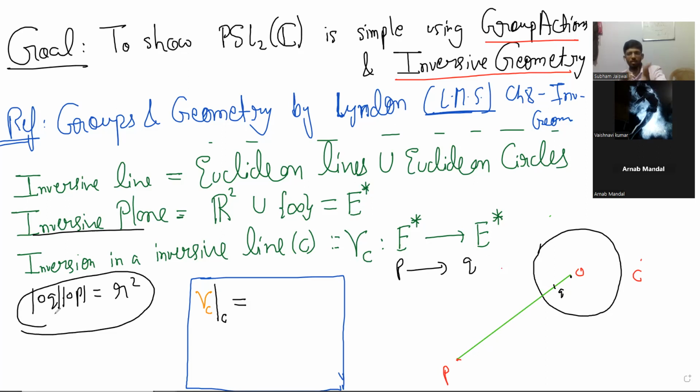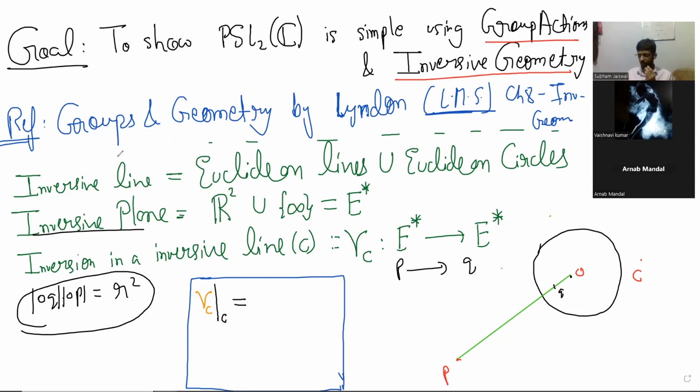Arnav, you tell me, or any one of you tell me. What is R here? What is R? R is the radius of the circle, right? Small r is the radius of the circle.